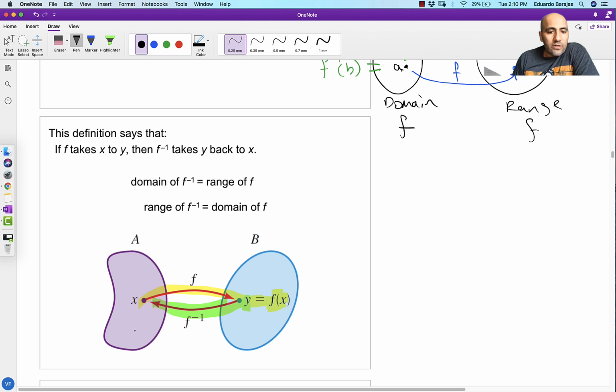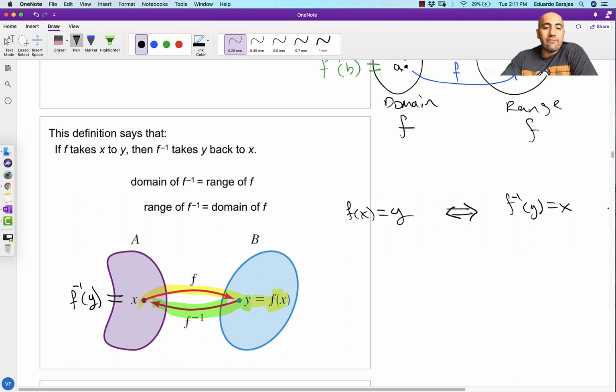So we should have that f inverse of y leads to x. Bringing those two statements together, we have f of x equals y, and its return trip, f inverse of y equals x. We're saying these two must be true if and only if: this implies that, and that implies this.